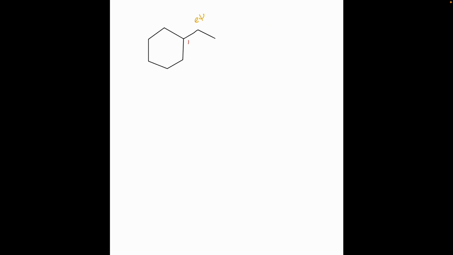This was an ethyl group. My parent chain was a cyclohexane, so this would be 1-ethylcyclohexane. But let's say I pick up that ethyl group and move it to a different position on my ring. I'm going to stick it down here instead. Everybody take a second and give me the name of this molecule.